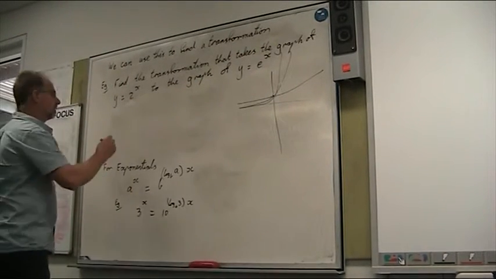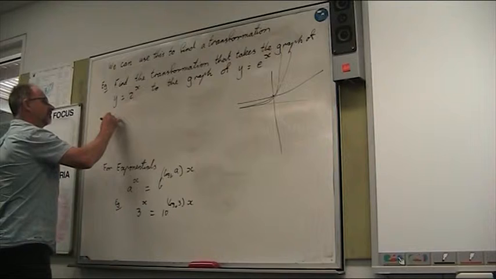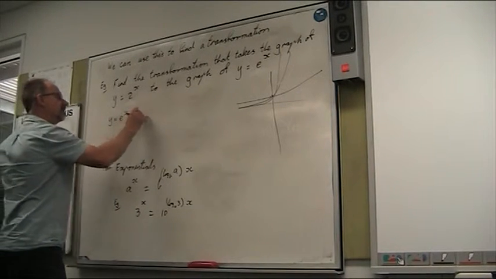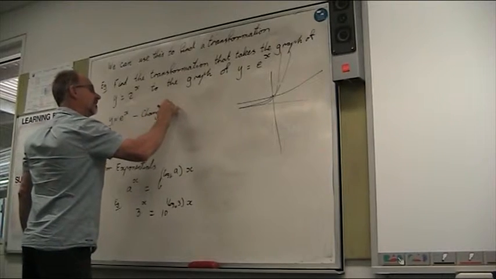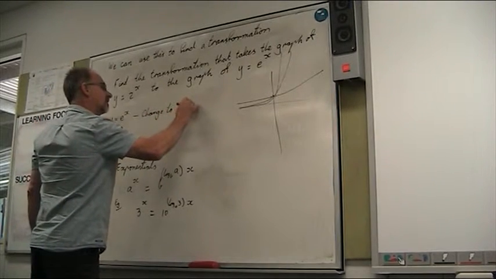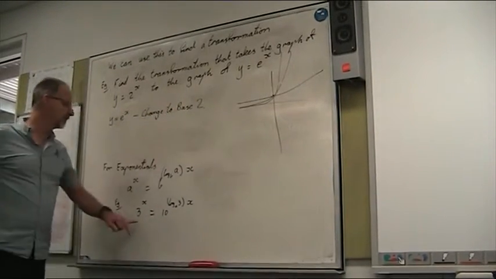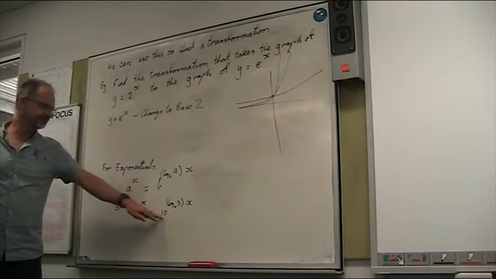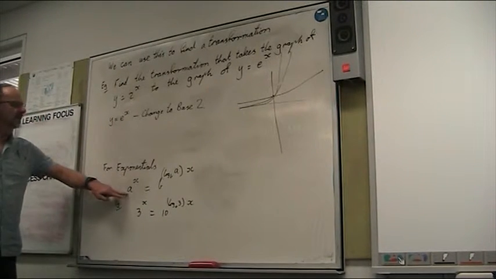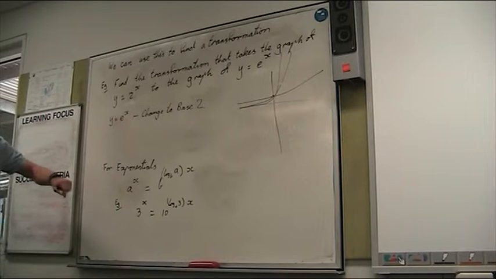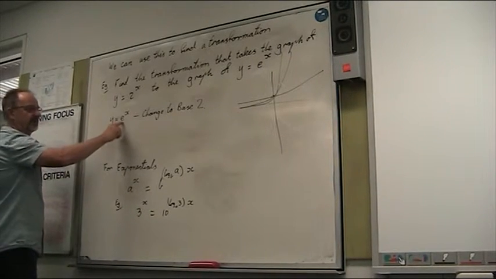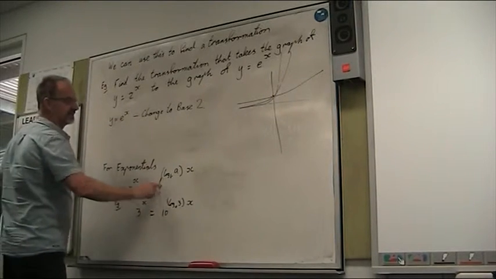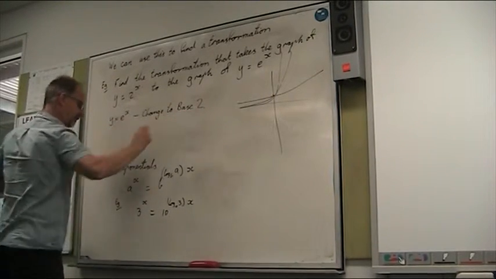So using y equals e to the x, we want to change to base 2. This is what we would use to do that. In this case, a is e and b is 2.